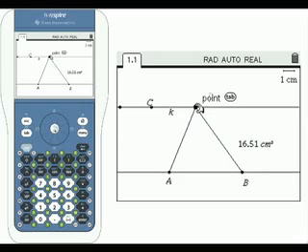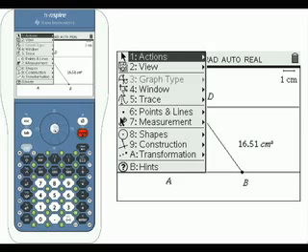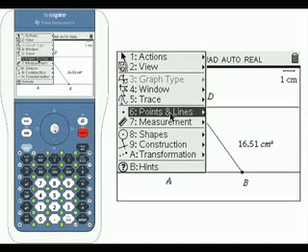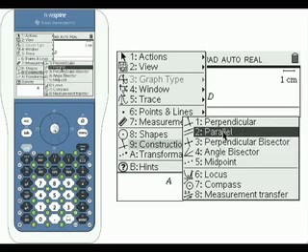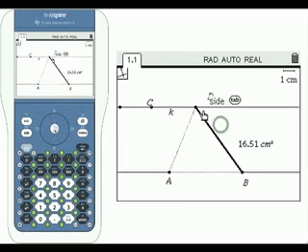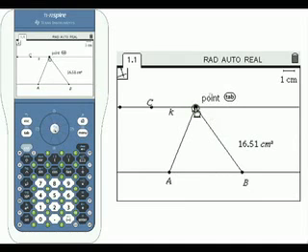Okay, so you might wonder, what do I mean by the altitude? Well, I can add in an altitude if I hit menu, and then I go to constructions, and I add a perpendicular point here. I'm going to add in a perpendicular.